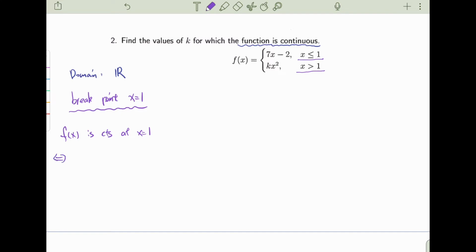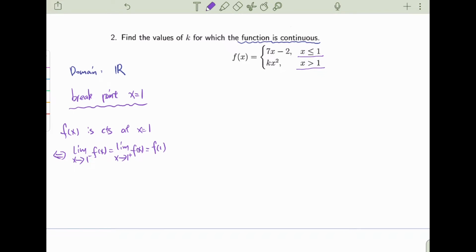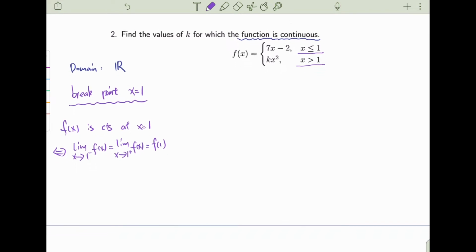It's equivalent to the limit as x goes to 1 from the left of f of x equal to the limit as x goes to 1 from the right of f of x equal to the value of the function f of 1. Okay, so it's basically the same as the previous question. We're gonna check these three things and see if they're equal.